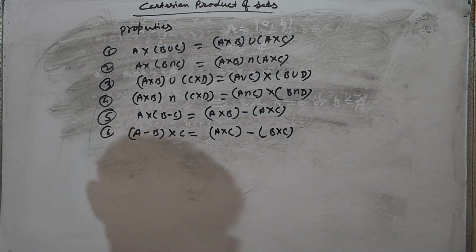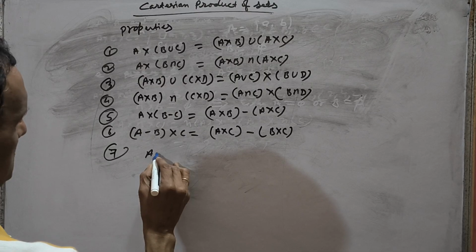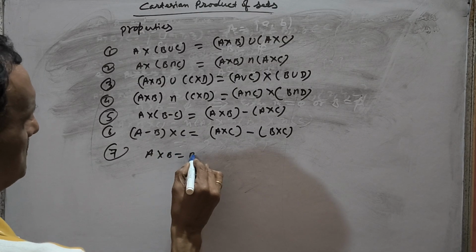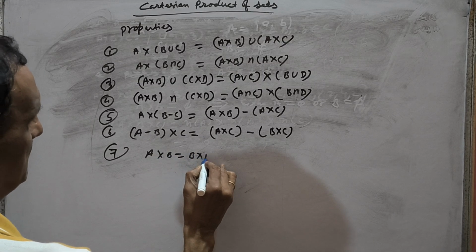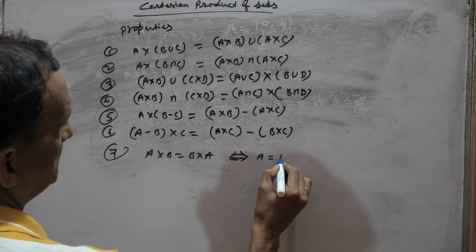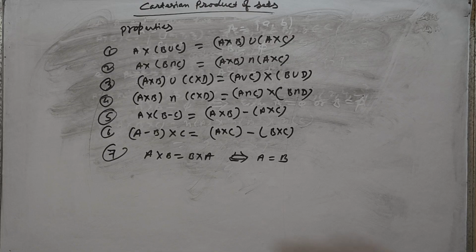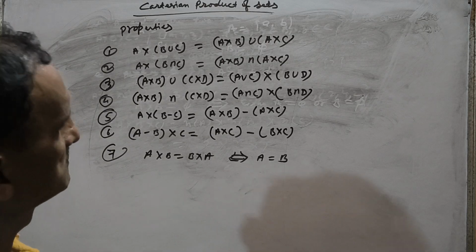These are the properties. One very important property is there. See, A cross B will be equal to B cross A if and only if, this is very important, A equal to B. Understood? These are some properties you need to know and you need to prove also.